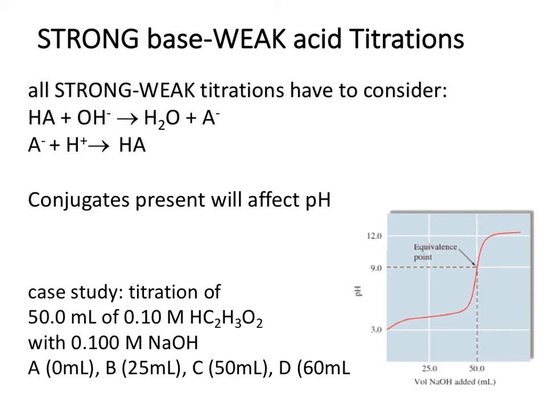So what we're going to do here is look at a case study of the titration of 50 milliliters of a 0.10 molar acetic acid solution with a 0.10 molar sodium hydroxide solution. We're going to look at various points along the curve, but please make sure you understand that, of course, we could do any other points within this titration process.